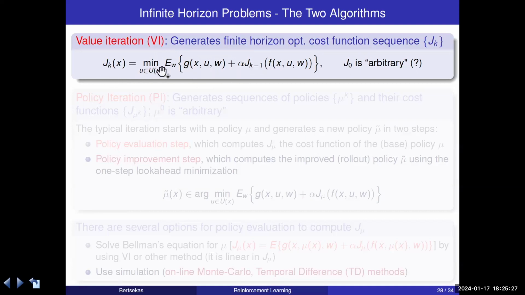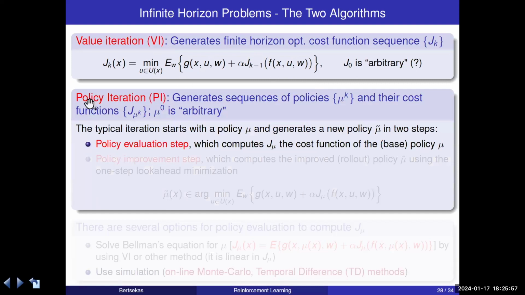It's the same equation I gave in the previous slide, except that the initial J_0 is not 0, but rather can be arbitrary. I have a question mark here because there are some theoretical issues around this assertion. But that's the algorithm. Start with some J_0, generate J_1, J_2, J_3, and so on. And in the limit, you hope to get the optimal cost J star.